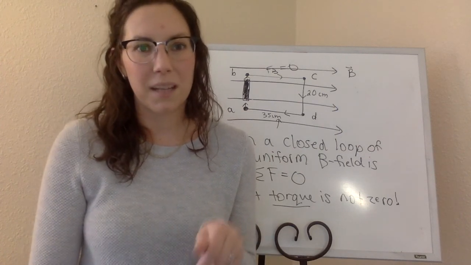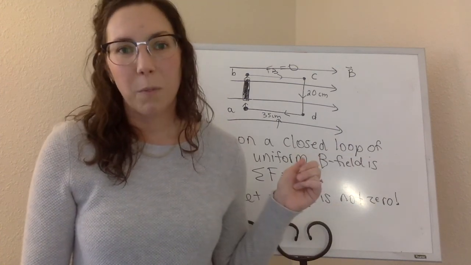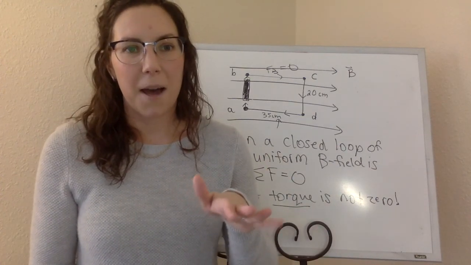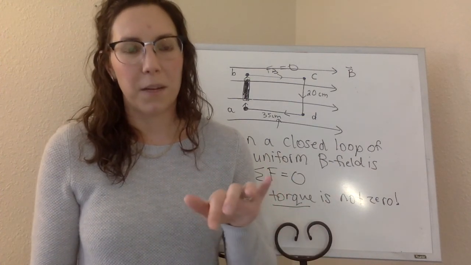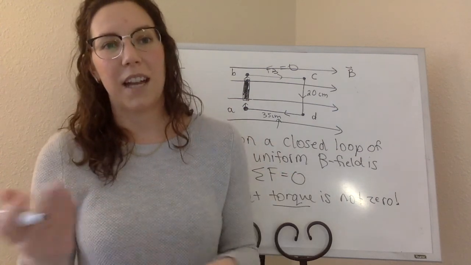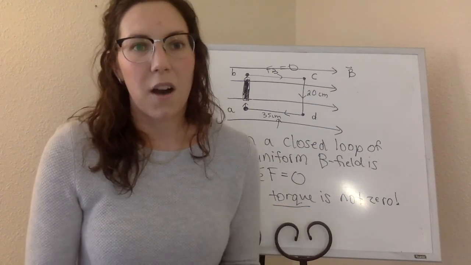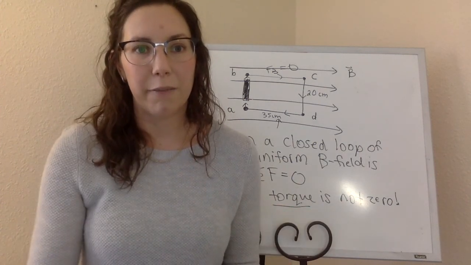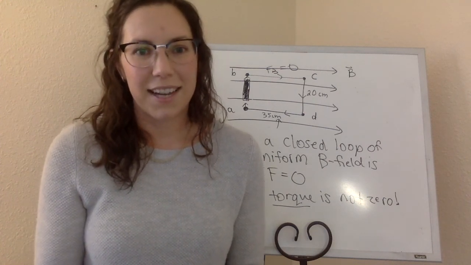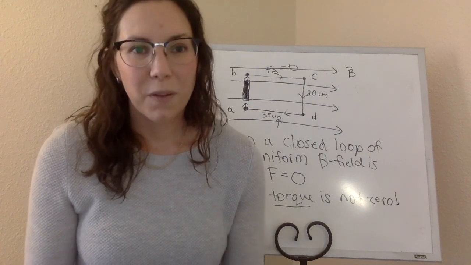One of them is a DC motor, and a simple DC motor would send current through a loop of wire in a uniform magnetic field, allow it to rotate, and then it has a switch that would switch the current halfway through to allow that torque to keep moving in the same direction, so that it doesn't end up stuck at the top. So the current's constantly flipping direction so that the rotor keeps on moving in a DC circuit. But I will post a video to that, and let me know if you have any questions.